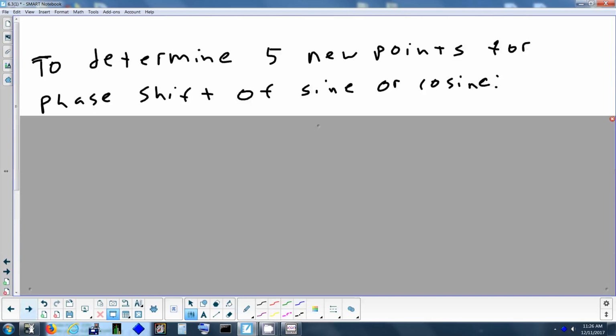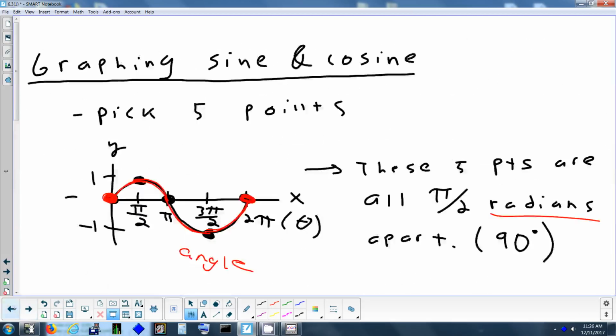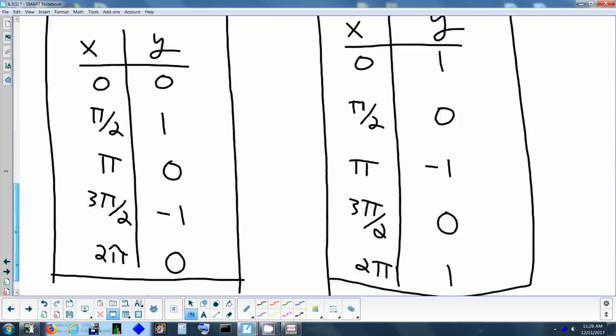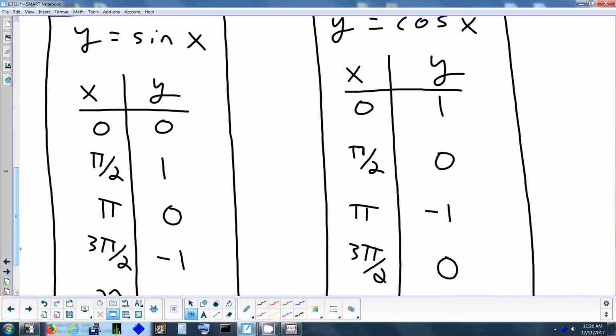All right, so once we look at the equation, we figure out, okay, we're doing a phase shift. Now we have to figure out what's going to happen to the table. When you do a phase shift, what values is that going to affect? X values or Y values? X's, right? Phase shift is left and right.